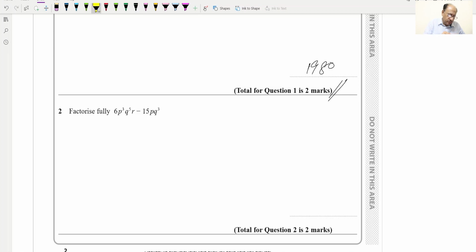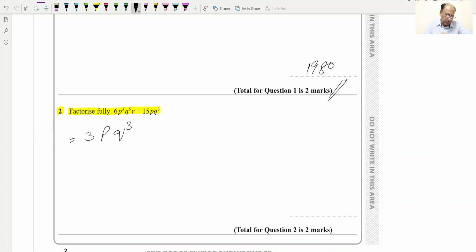Now for question number 2, factorize fully this. So we will be taking the maximum common factor. Between 6 and 15, we can take 3 common, and next will be p cubed and p, so we can take p common, and q to the 5 and q cubed, we can take q cubed common.